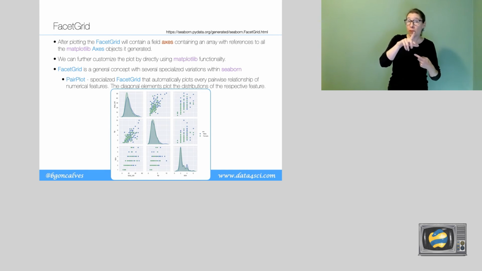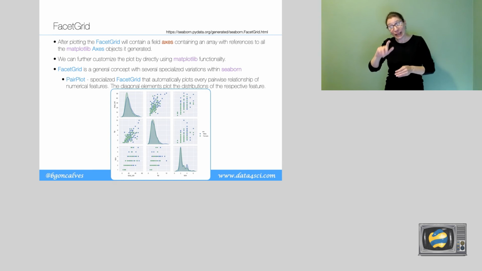Pair plot will generate a matrix of plots where each row and each column will be one of the numerical continuous variables in your dataset, and you'll plot all the pairwise comparisons between them in the off-diagonal elements, and in the diagonal elements we'll plot the distribution of those same variables.